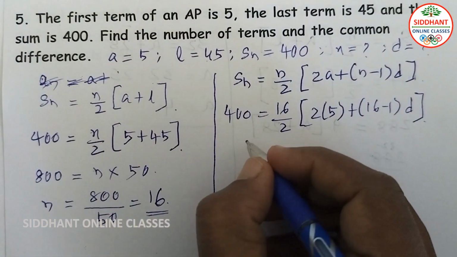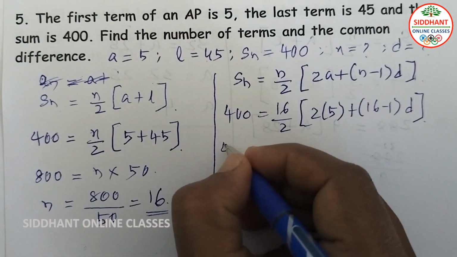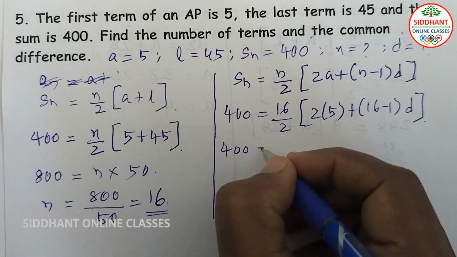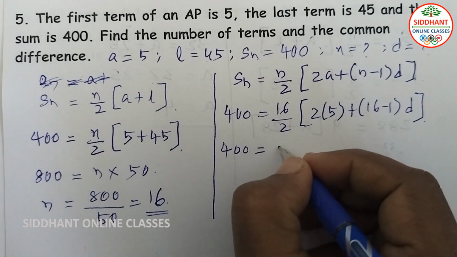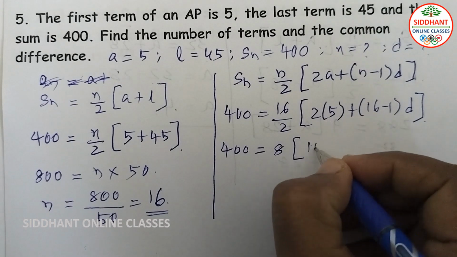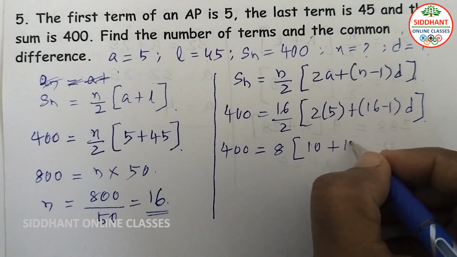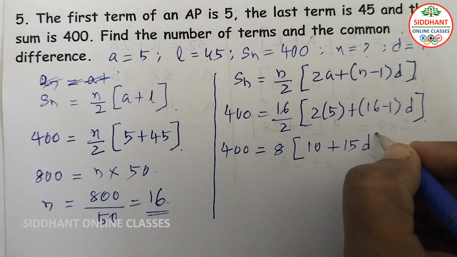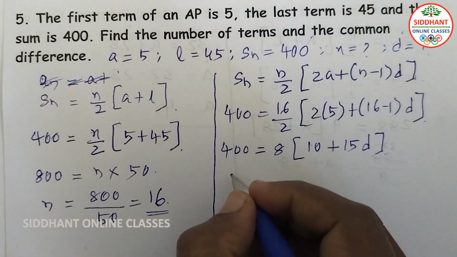So 400 = 16/2, which is 8, times (2 × 5 = 10 + 15d).